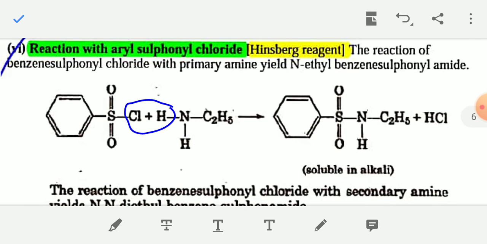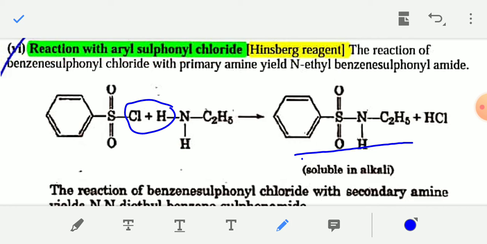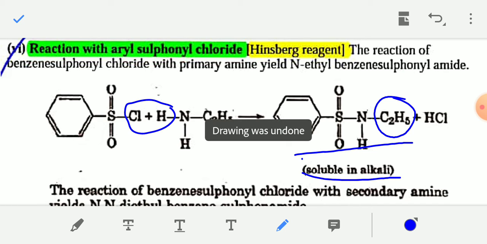When Hinsberg reagent reacts with primary amine, this will produce N-ethyl benzene sulfonamide. If the alkyl group is ethyl, then it is N-ethyl. If the alkyl group is methyl, then it is N-methyl benzene sulfonamide. And this is soluble in alkali. The benzene sulfonamide produced from primary amine is soluble in alkali.